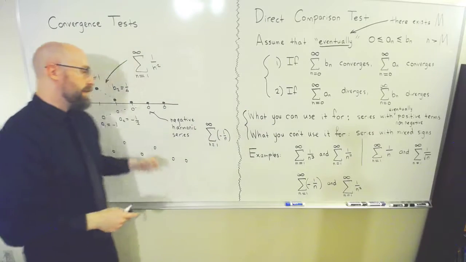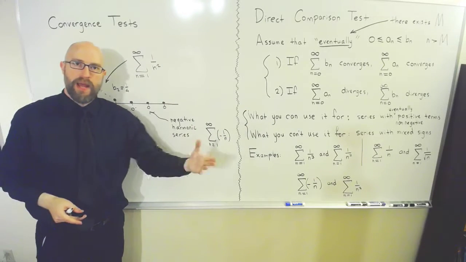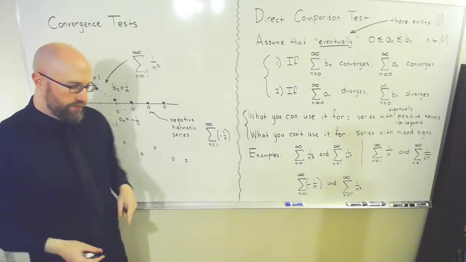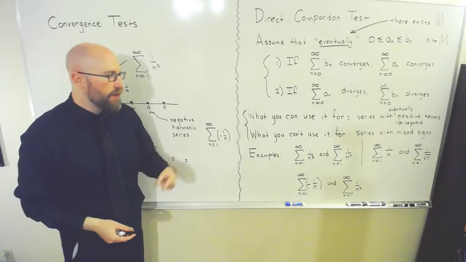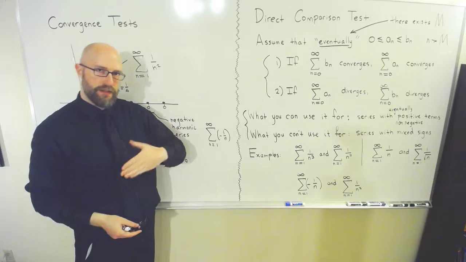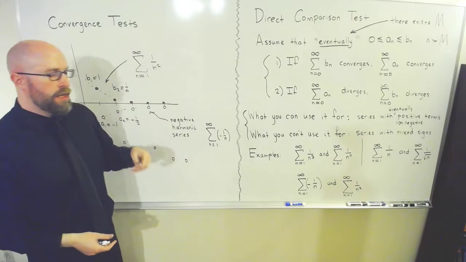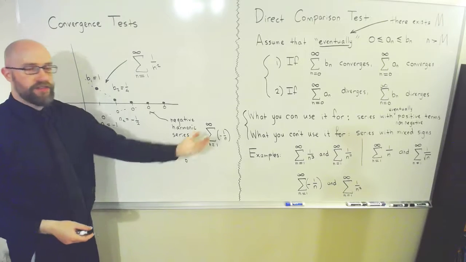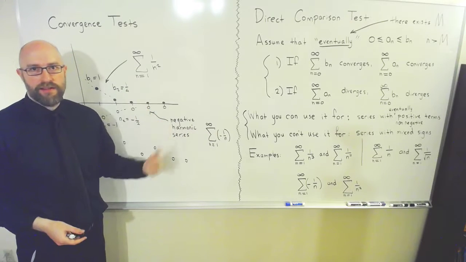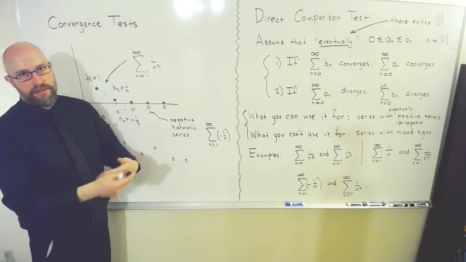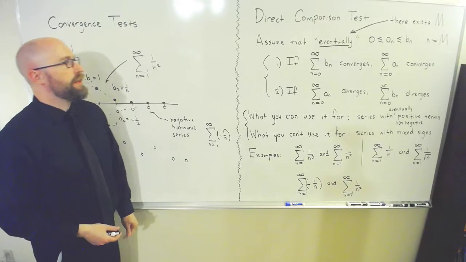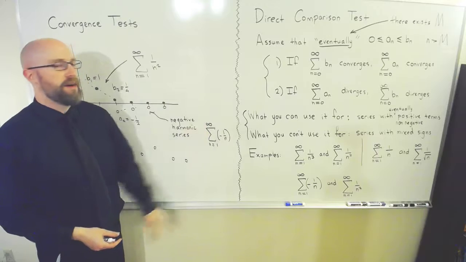But the point of all this is that you can't just naively compare series and say, okay, the big one converges, so the little one will converge. You have to know that the terms are positive, or at least eventually positive, so that the little one isn't really large and negative. Just because it's to the left on the number line doesn't mean the terms are really small in magnitude. So anyway, hopefully this gives you an idea of when you can use direct comparison tests.